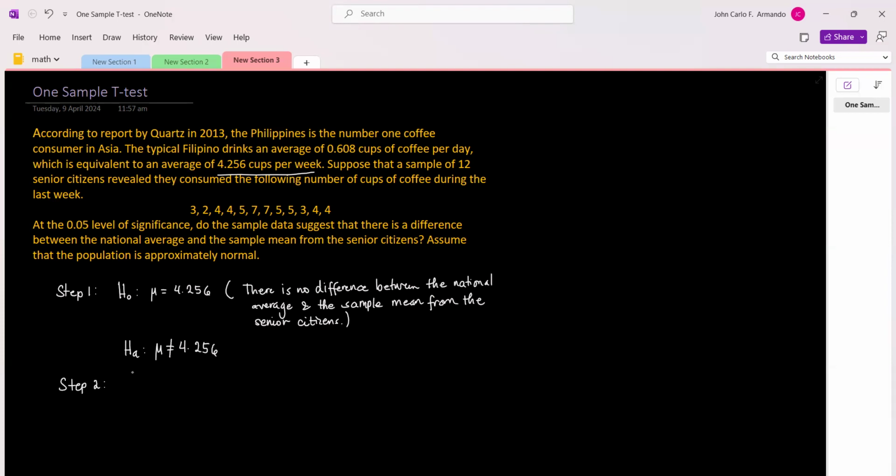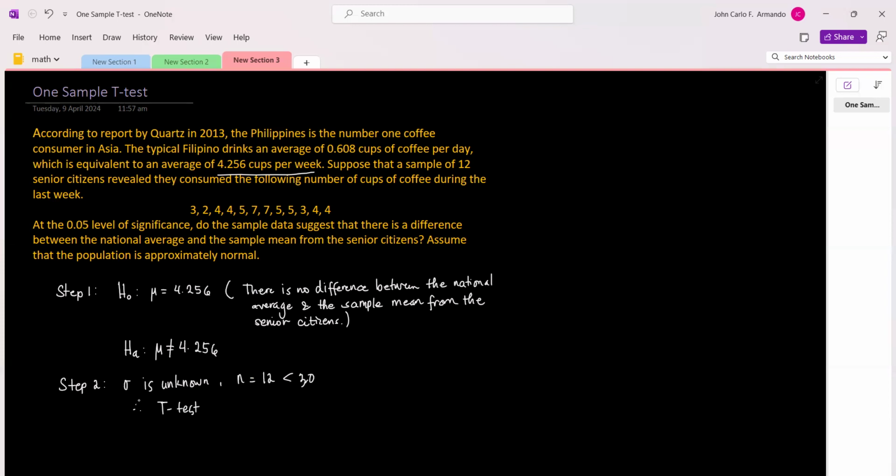As you can see, we have unknown population standard deviation. Then the sample size is just 12, which is less than 30. So therefore, we use the t-test. So the test statistic that we're going to use is the t-test.